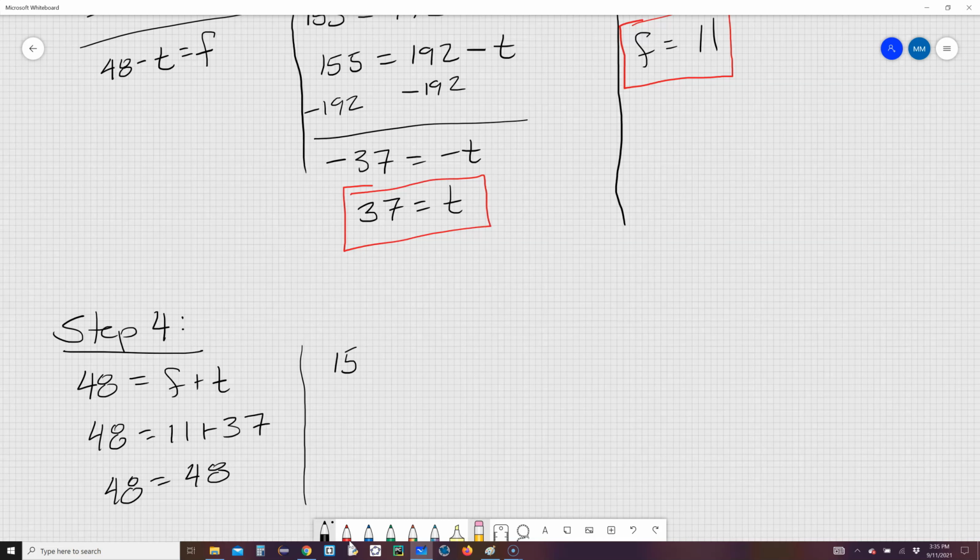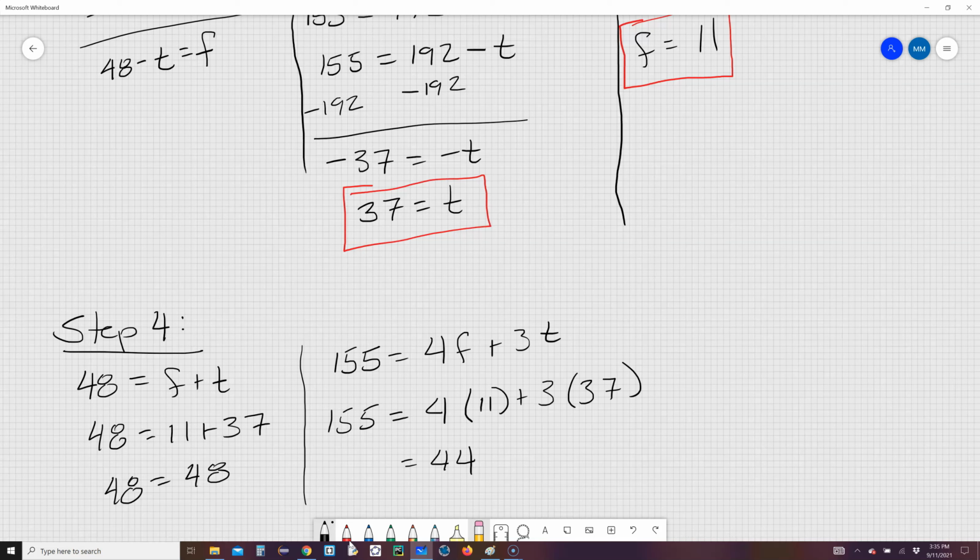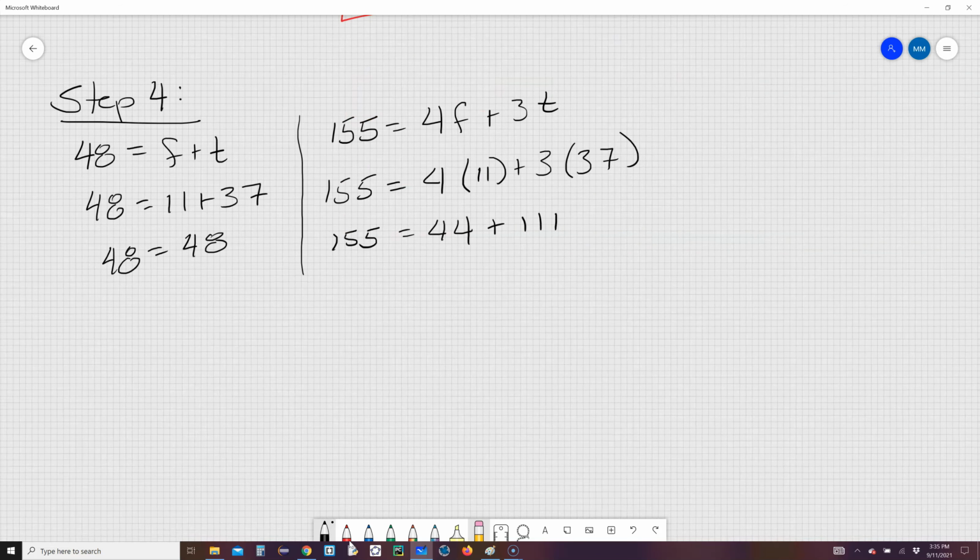The second equation said 155 must be equal to 4 times f plus 3 times t. Well, if f is 11 and t is 37, this is 44, and 3 times 37 is 111. And yes, we find that is 155. Check.